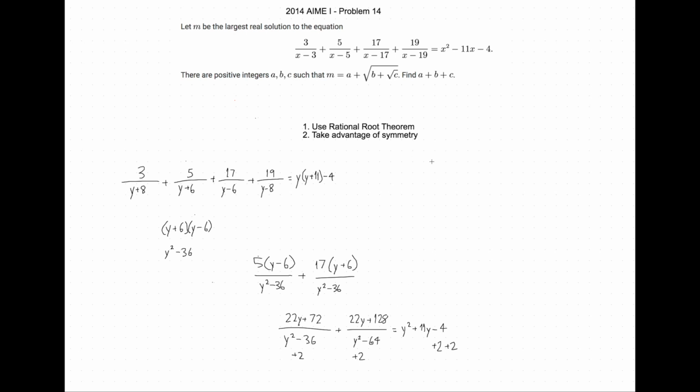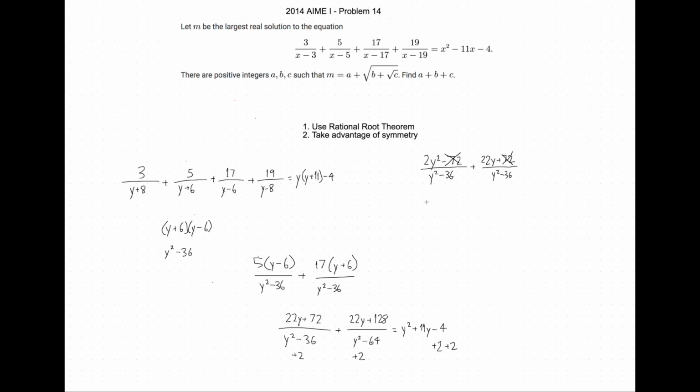So we'll have 2y squared minus 72 over y squared minus 36 plus 22y plus 72 over y squared minus 36. And then we see that the 72's cancel.